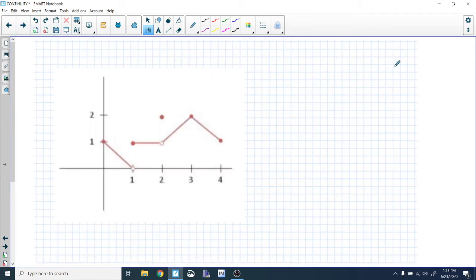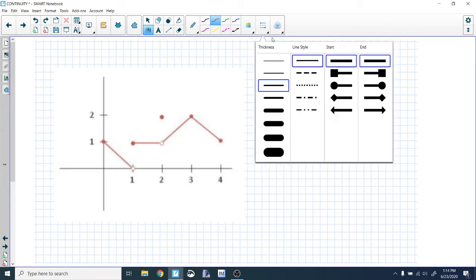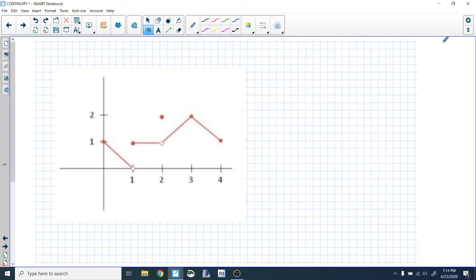So again, we're going to start with something fairly simple where we are going to use the definition of continuity at two particular points here, but we're going to use it to show the types of discontinuities that we have. There we go. Okay, so let's just call this function y equals f of x. It's not really defined here, but we can define it there.